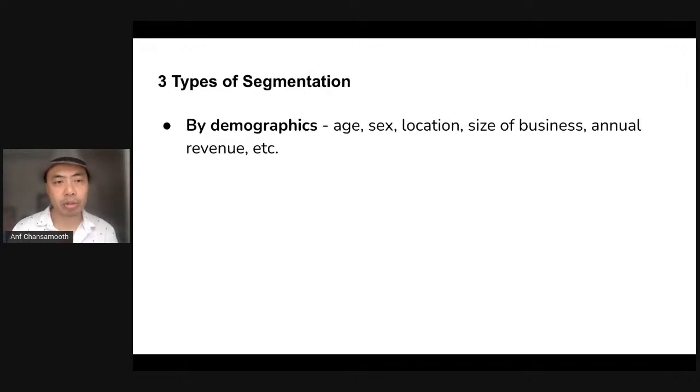Certainly in the B2B world, you're looking at size of business, and that could be team size, that could be annual revenue, that could be some other indicators that you use to better understand the stage of business that they're in. It could be as simple as, are they a pre-launch business, are they a startup, or are they established? So they could be the three different tiers of demographic that you set up, right? So that's the first type of segmentation.